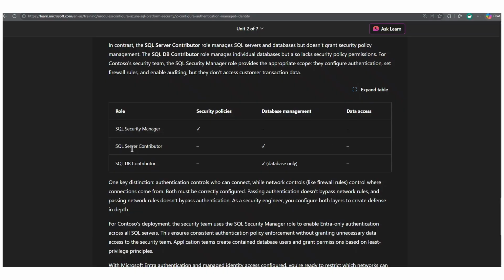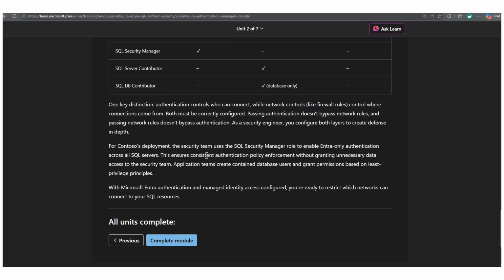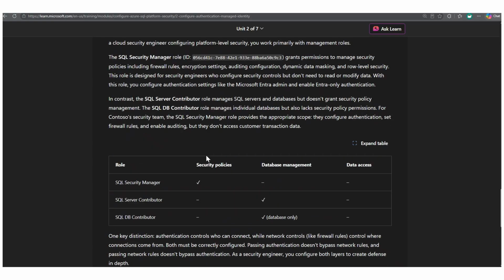Then you have the SQL Server Contributor, which is only for database management. Okay, and then you have the SQL DB Contributor, which is for database only. So depending on the questions, make sure to keep this in mind because you will definitely get questions about that.